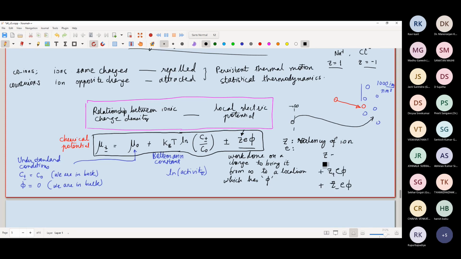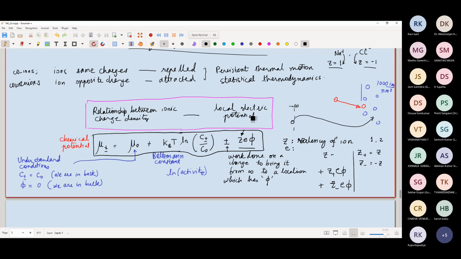But I have assumed that whatever electrolyte we will have, it will have a symmetry, meaning if there is one positive ion, there will be one negative ion. You can always modify this analysis for the case of multivalent ions. It will not change the heart of the problem. So I have assumed that Z plus is equal to Z and Z minus is equal to minus Z, where now Z is simply a number like 1, 2 and so on. That is why this plus minus has appeared over here.